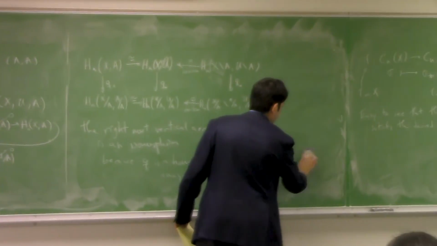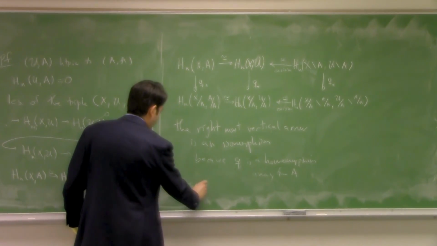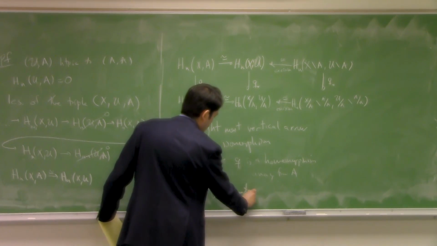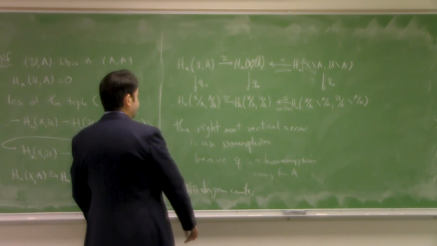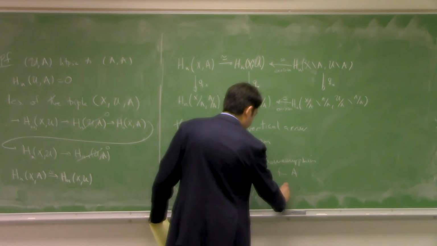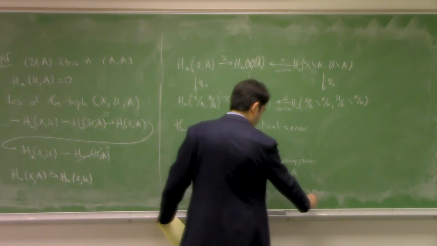Okay, so as this diagram commutes, the leftmost arrow is an isomorphism.